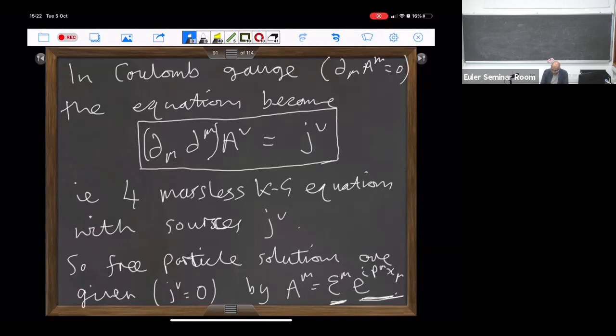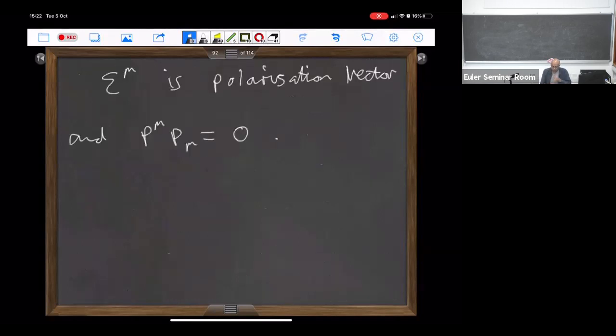But the coefficients can be different for each value of mu. Obviously, p mu has to be, for the Klein-Gordon equation, we had p mu squared is equal to m squared.